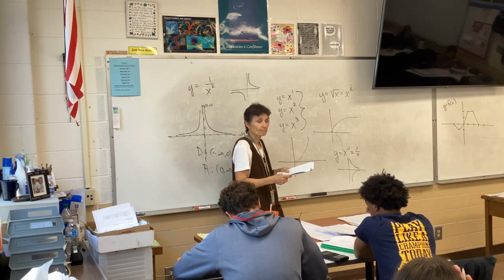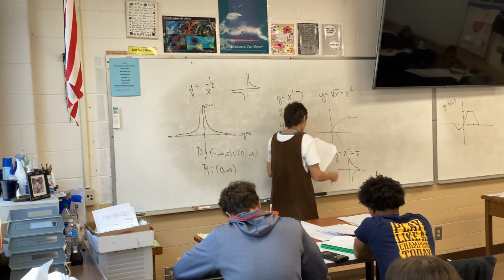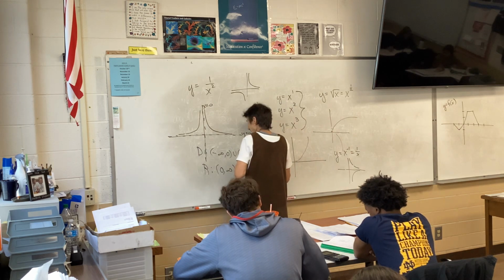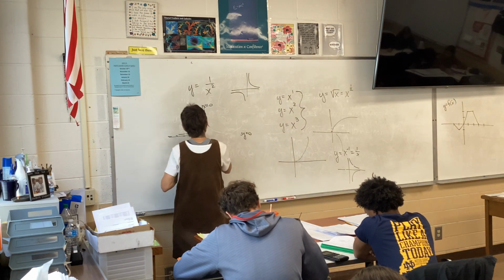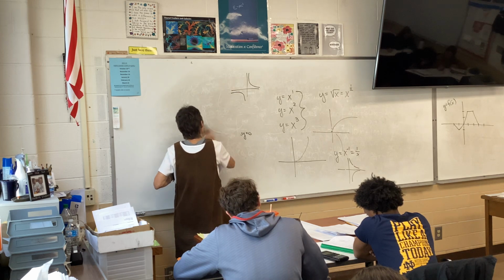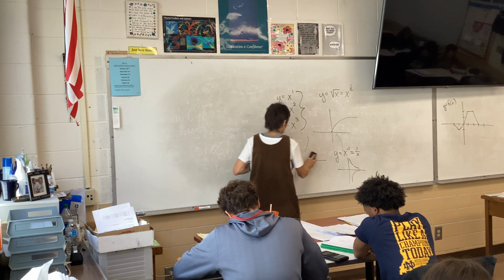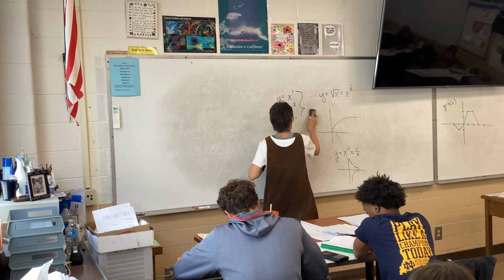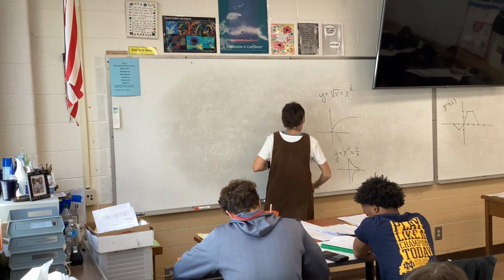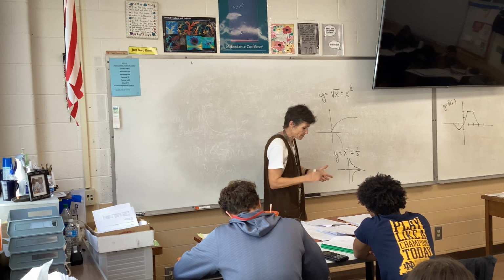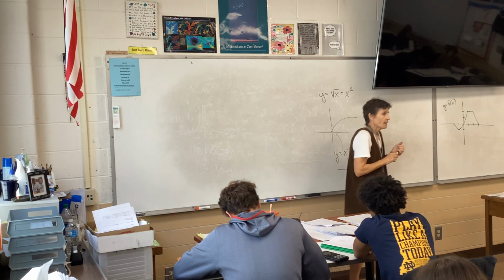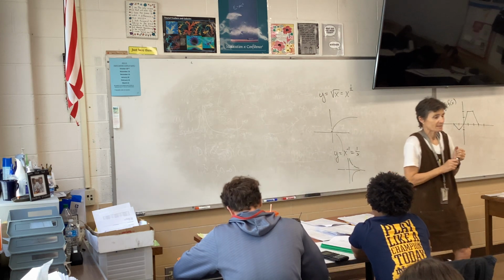Got it? Okay. Number 3, direct variation and inverse variation. I want you to think about this for a second. Make sure this is straight in your mind. I go to the store to buy bananas.